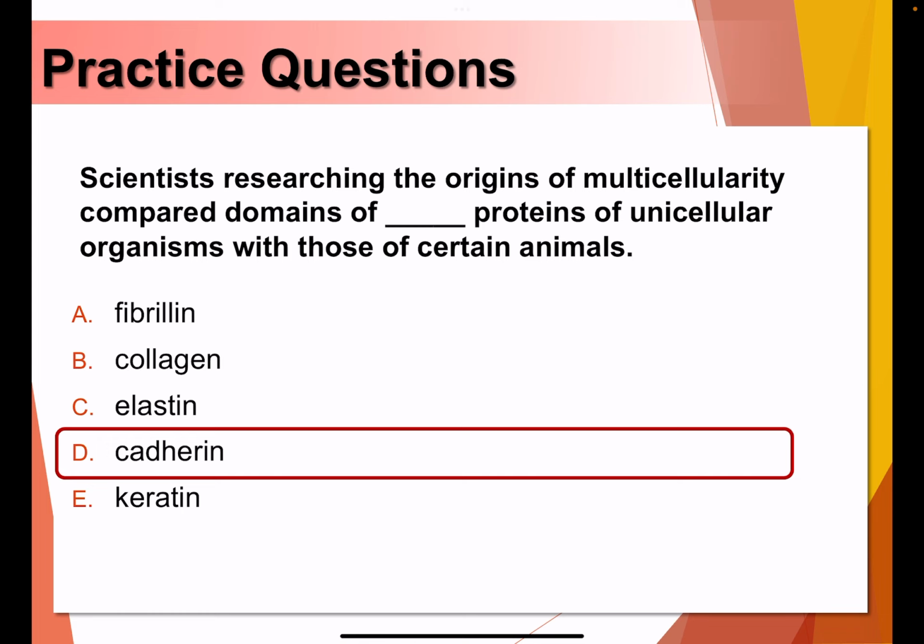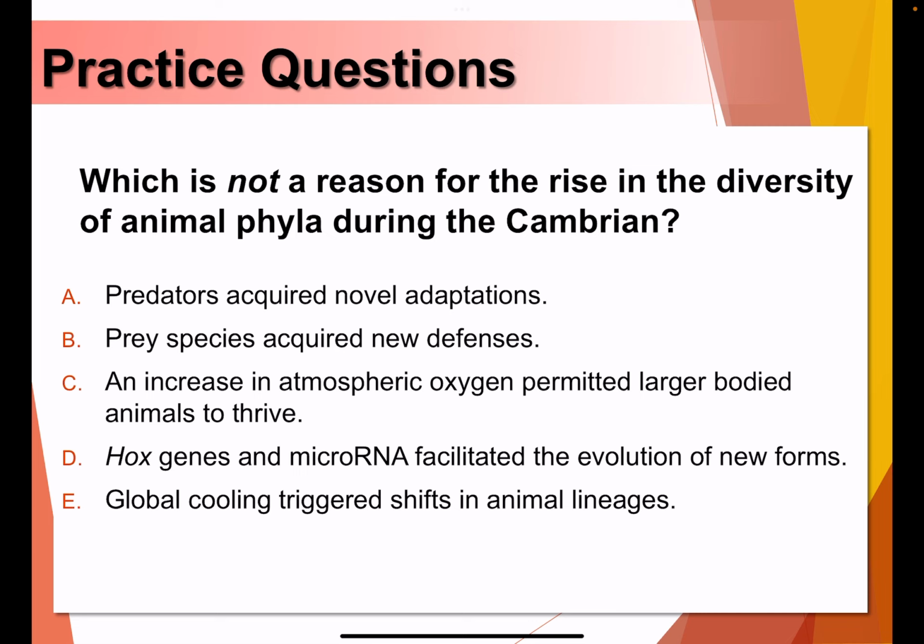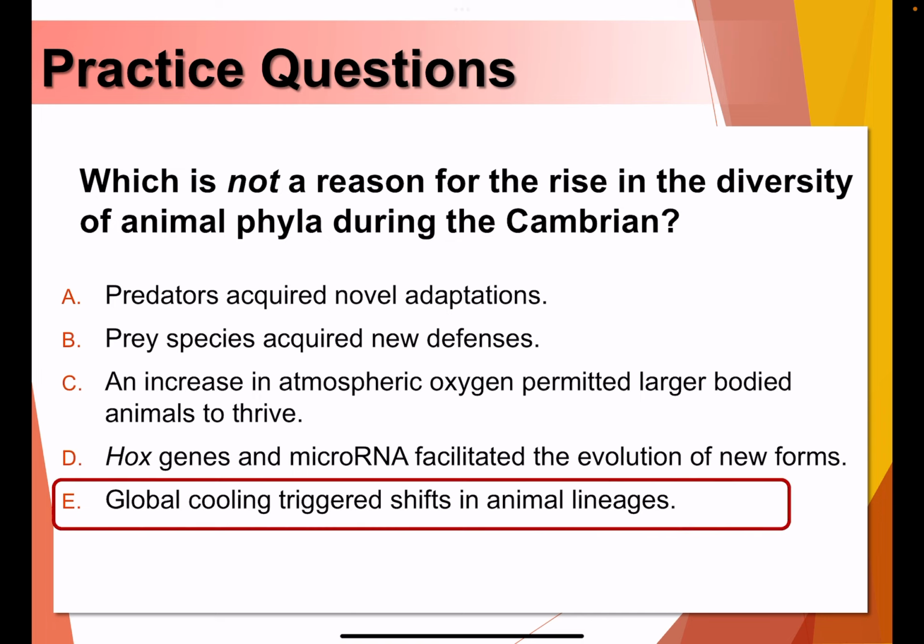That's the difference between single-cell versus multicellular animals, which is not a reason for the rise in the diversity of animal phyla during the Cambrian. Not a reason. We talked about three reasons. Global cooling triggering shifts in animal lineages was actually a reason for another era, so this was not for the Cambrian. The three hypotheses we talked about have to do with these other three reasons here.